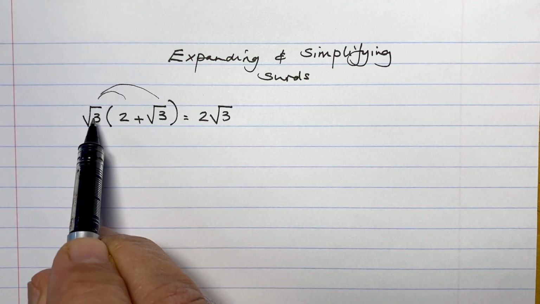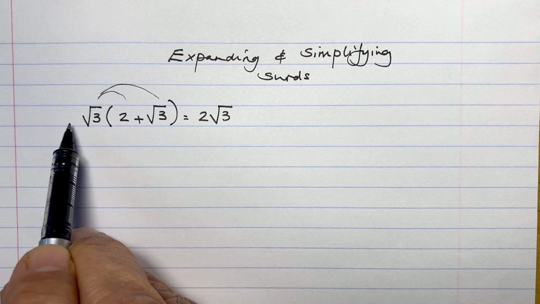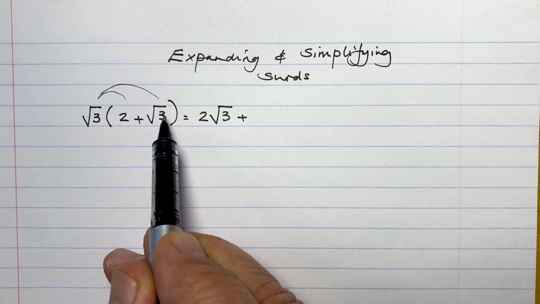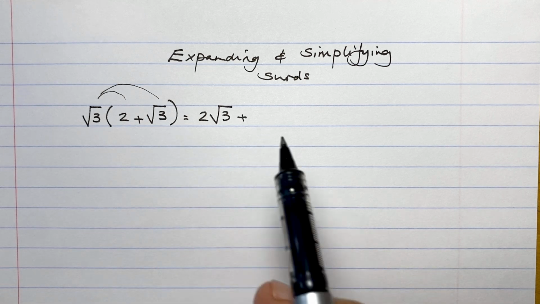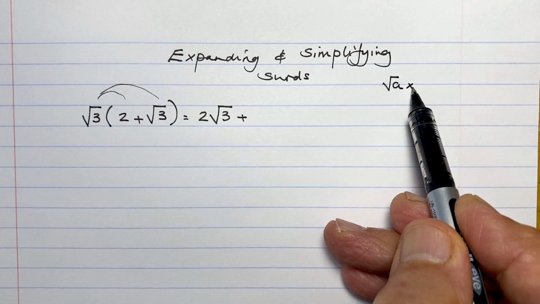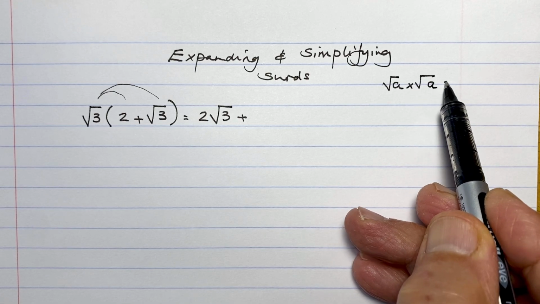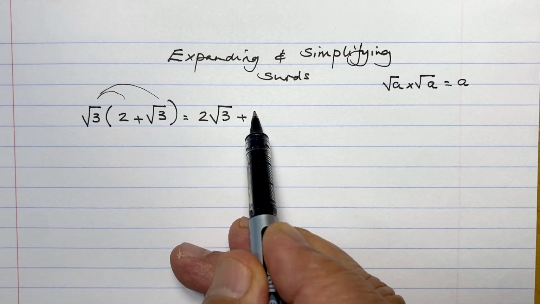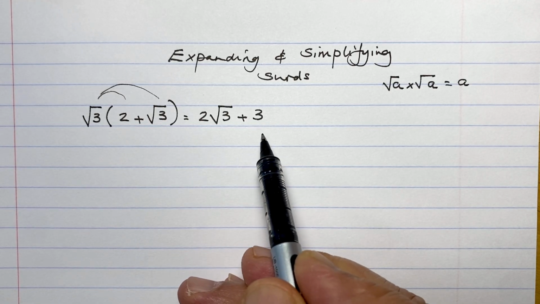And then root 3 times root 3, plus times a plus. If you remember, in the last lesson, we said root a times root a makes a. So root 3 times root 3 makes 3.